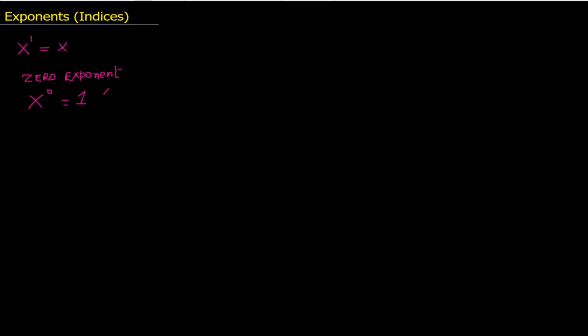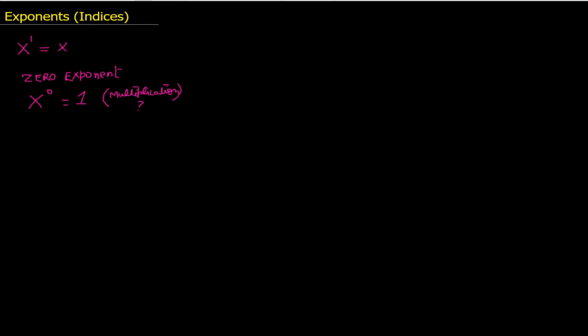And I will further explain this when we do the multiplication of exponents. So keep this in mind, that when we will be doing multiplication of exponents, I will elaborate this further. But for the time being, you can just simply say that any integer, any number raised to the power 0 is always 1.